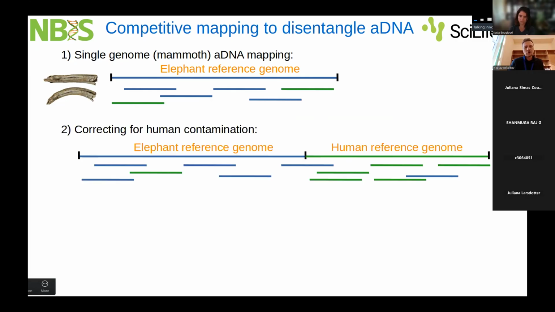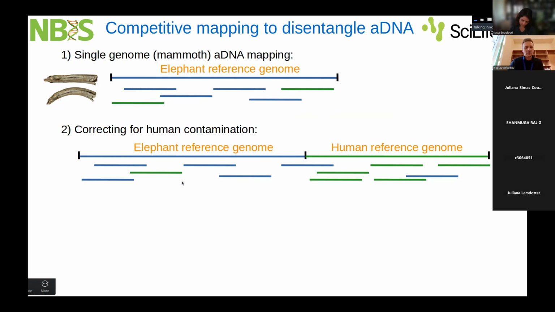Within this approach, you would like to concatenate your elephant reference genome with a human reference genome and align your collection of reads to two genomes simultaneously. This mapping is called competitive because all your reference genomes are going to compete for the reads.